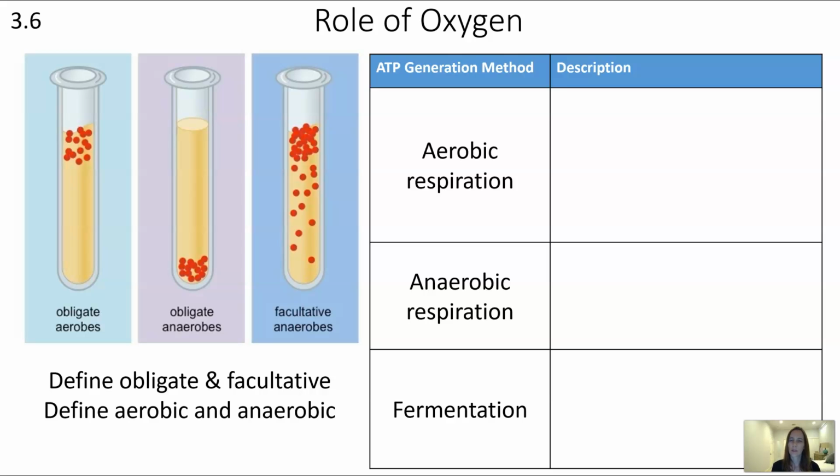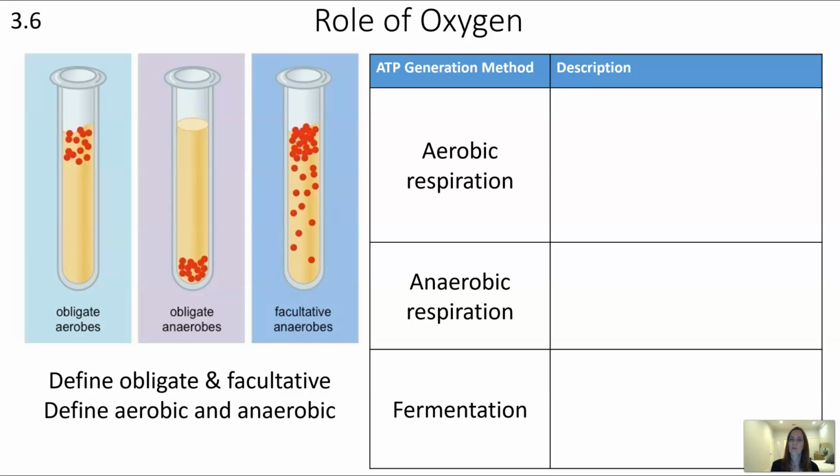Obligate anaerobes are organisms that can only survive in conditions where there's no oxygen present. And then facultative anaerobes are organisms that can survive in either place. So you see a lot of them clustered towards the top where there's more oxygen, but they can also survive in conditions where there isn't any oxygen.